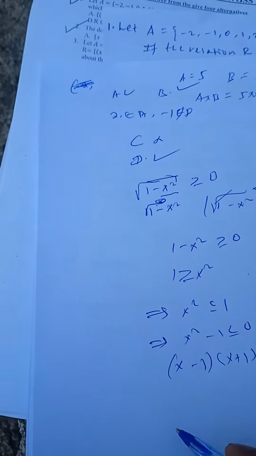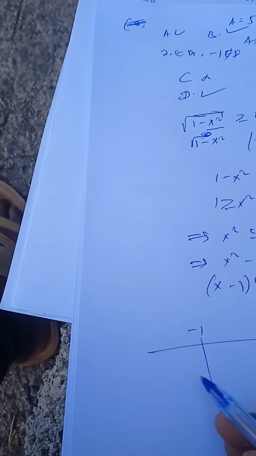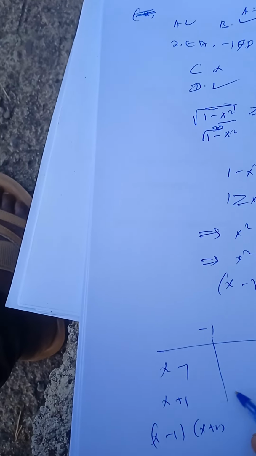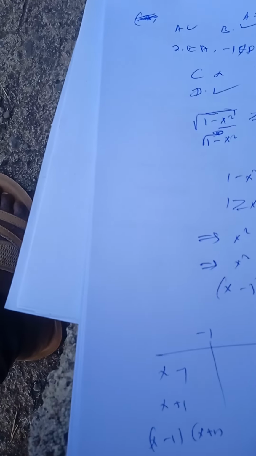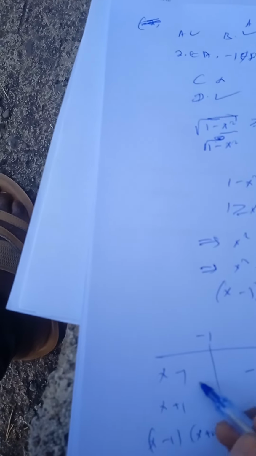After this we can use a sign chart. Mark -1 and 1, with x minus 1 and x plus 1. For x minus 1, at 1 it is 0, before 1 it is negative, after 1 it is positive.